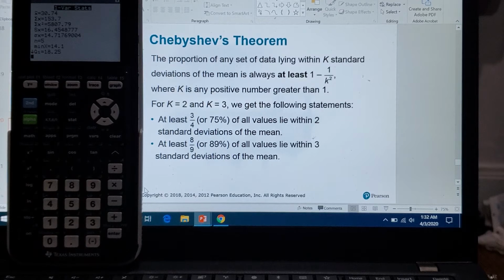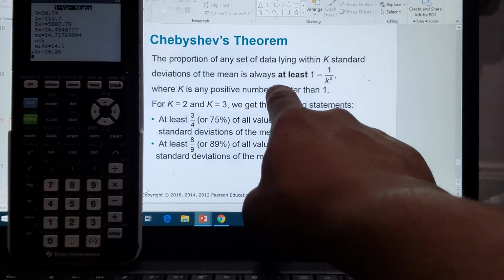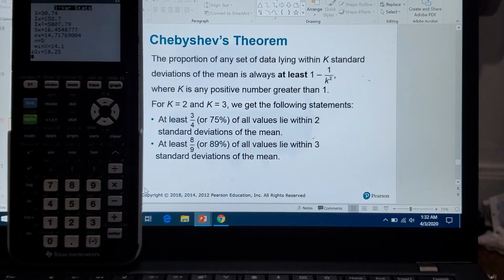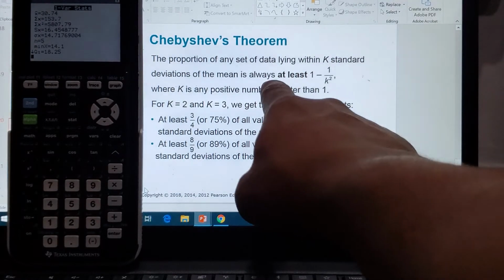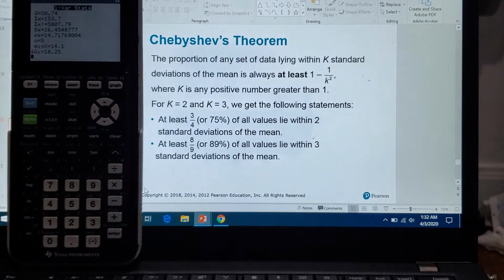K is just some arbitrary number. When you're within some number of standard deviations, the percent of data values within that many standard deviations is at least 1 minus 1 over K squared.